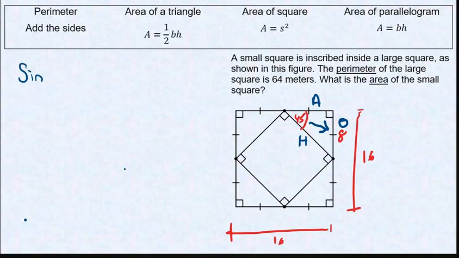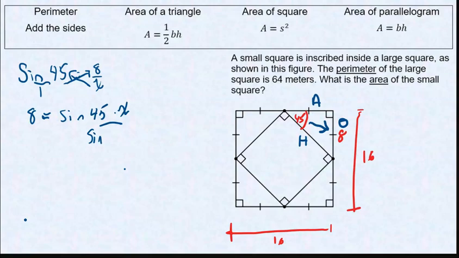So sin 45 equals 8 over x. I am going to turn this into a proportion by placing the 1 underneath here and cross multiply. So that's 8 times 1, 8 equals sine 45 times x. Then I'm going to divide the sine 45 to both sides.